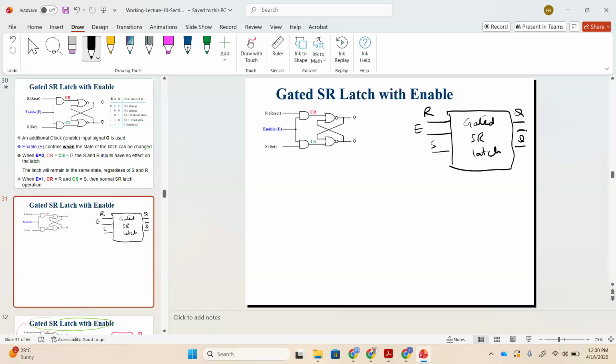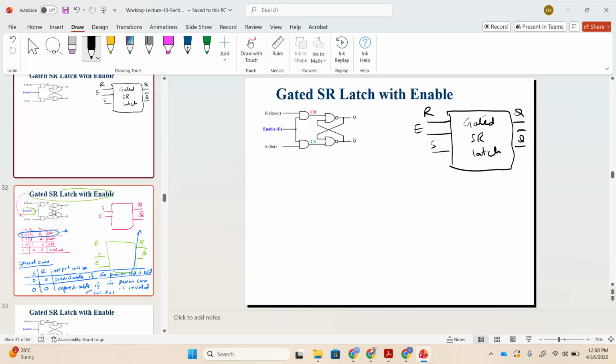Clear? Okay, now if you look here, can anyone draw the truth table for this?